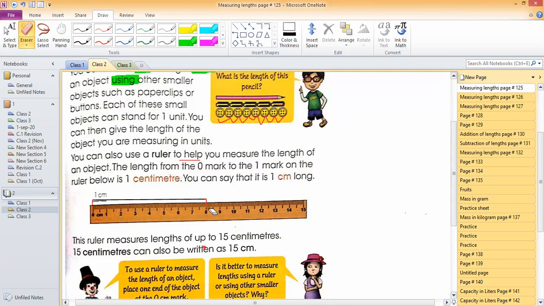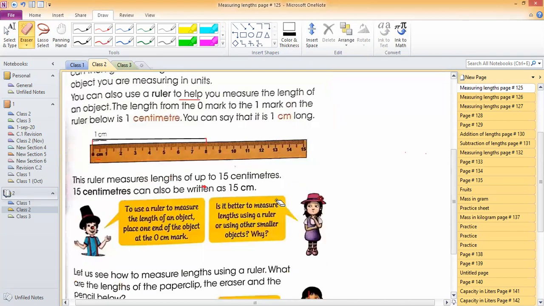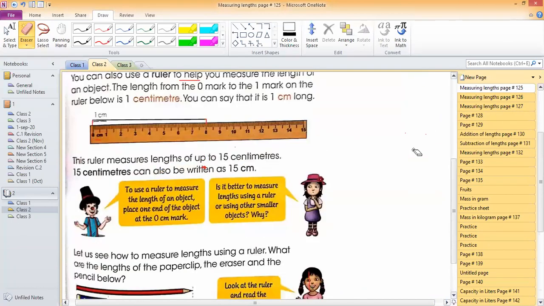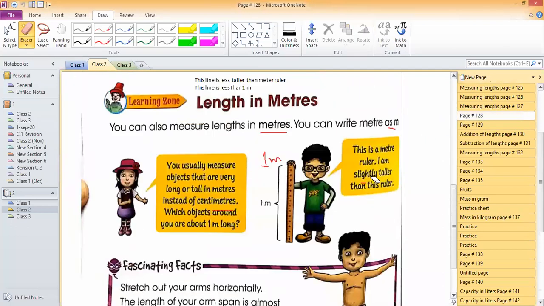All right, guys, this is just for practice. We were learning about the centimeter. Now you have a great idea of how you can measure length in centimeters. Now we will discuss how you can measure length in meters also.